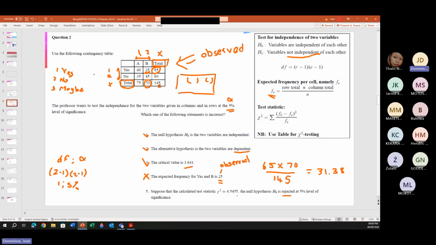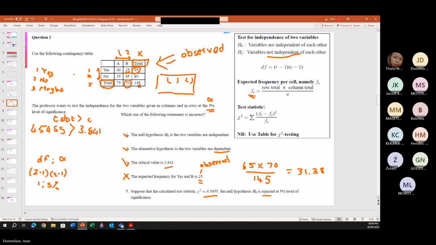So let's look. 4.5455 is bigger than the 3.841. So your t-stat is bigger than your critical value, so we will reject the null hypothesis.